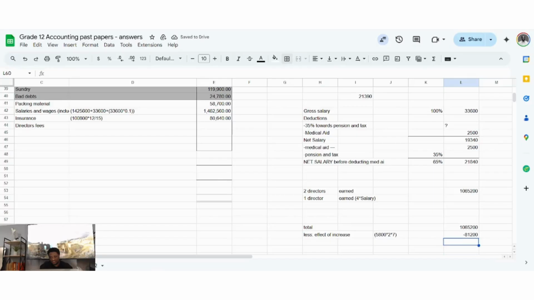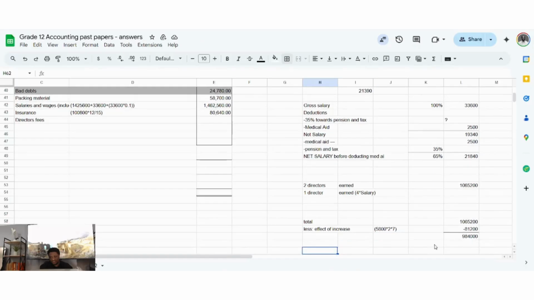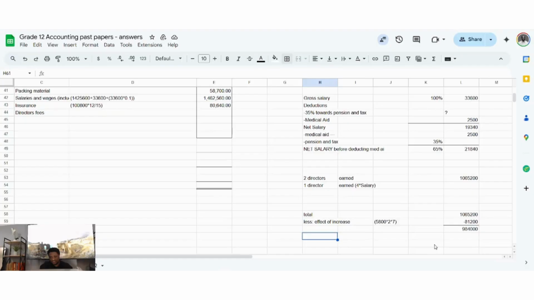That increase would have amounted to 81,200. So then if there was no increase, how much would these directors have earned? They would have earned 984,000.